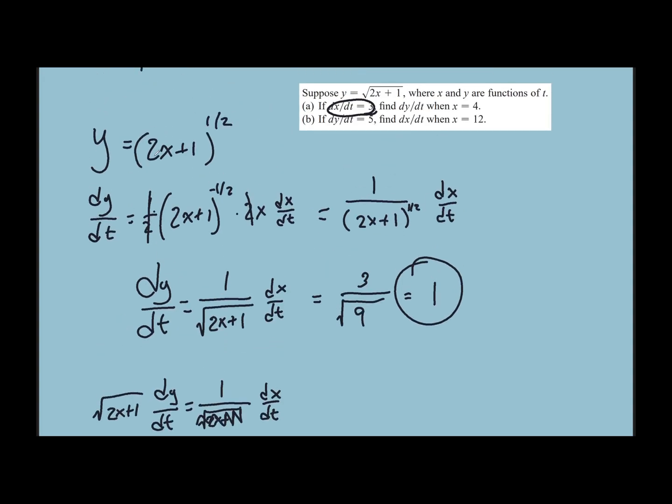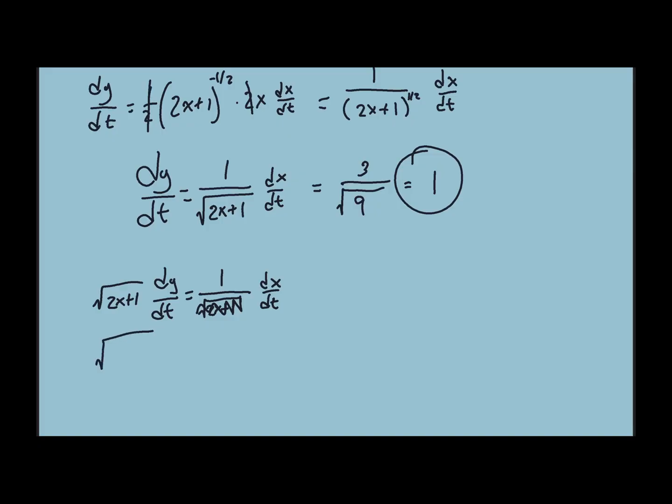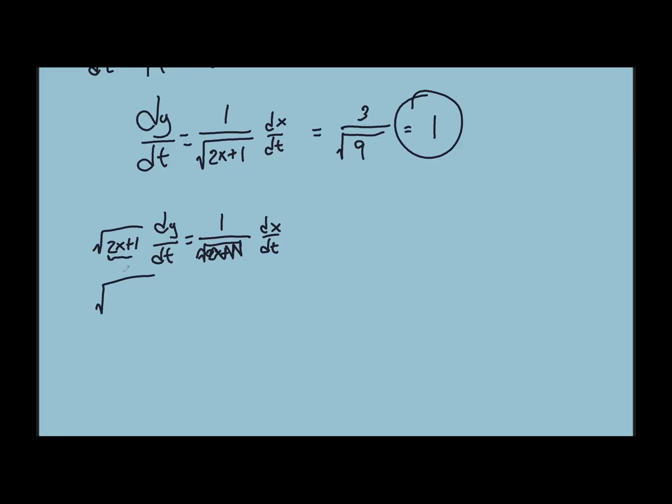So they tell us dy/dt equals 5, so we'll just plug in 5, and then they say that x is 12. So the square root of 25 times 5 equals dx/dt. Obviously, that becomes 5 times 5, so we're going to get 25 for our answer there.